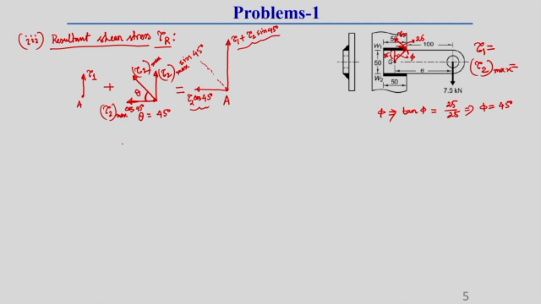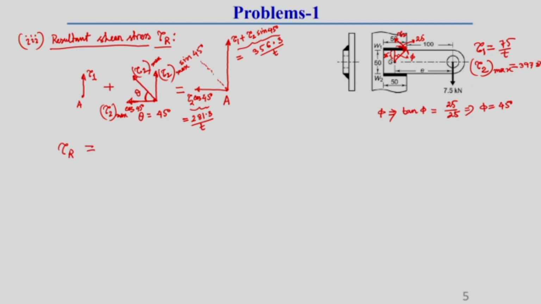Tau 2 max we are getting as, as I already told you, 397.8, and tau 1 also I have shown you, that is 75 by T. Once we sum tau 1 and tau 2 sin 45 degree, we get the total vertical component as 356.3 divided by T, and the horizontal component as 281.3 by T.